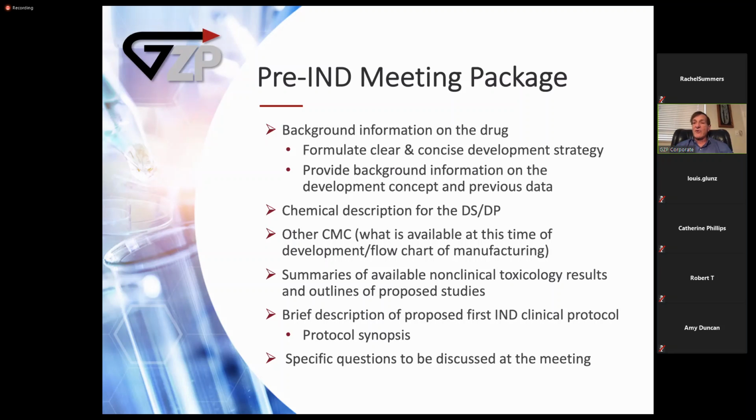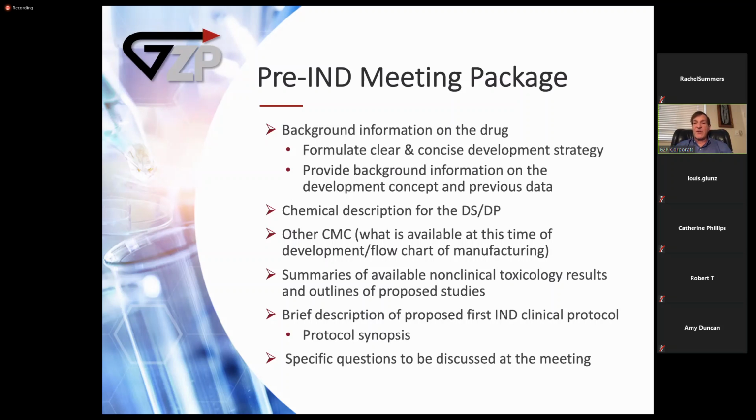We recommend for early pre-INDs, phase 1-ish, that you have a full protocol synopsis. But for phase 2 and beyond, you can include the full protocol because the FDA will have much more to review and provide detailed comments to you based on that full protocol.